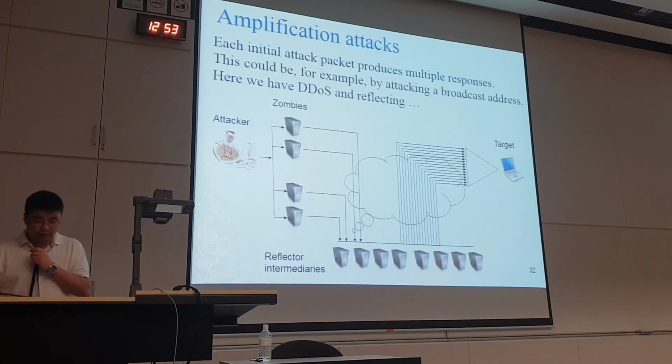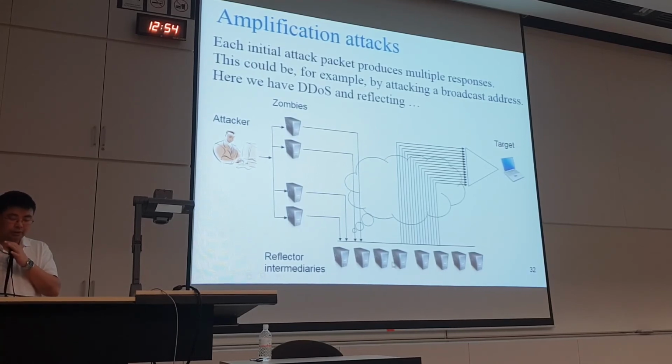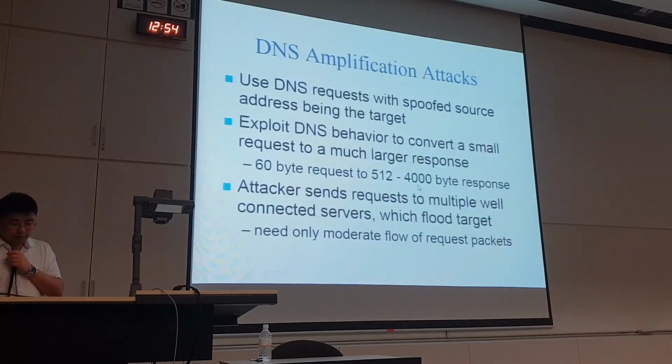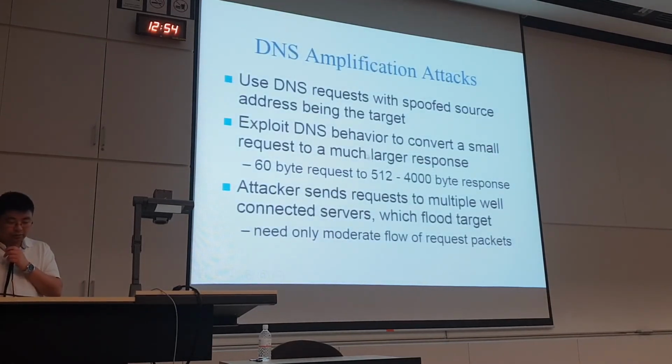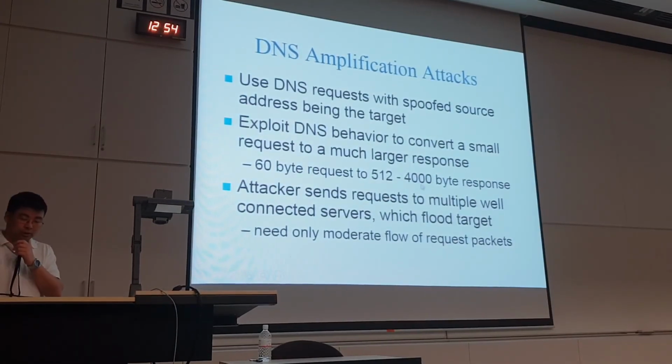Here, the reflector may be some specific services, like a DNS service or some other servers. They will take a small request but generate a large response. For example, for a DNS server, you only need a 60-byte request, but the response generated by the server is much larger.